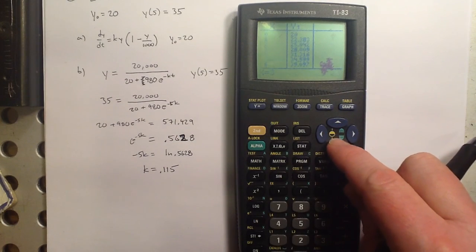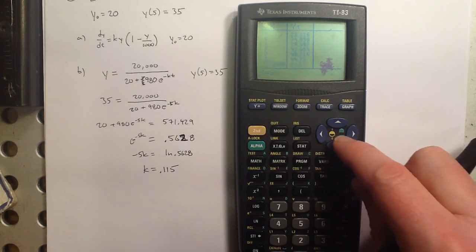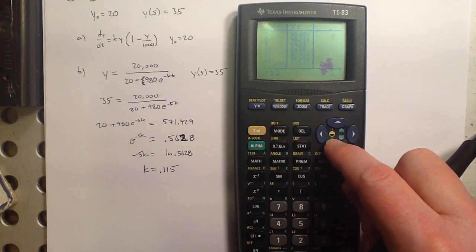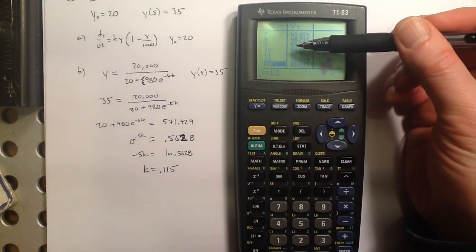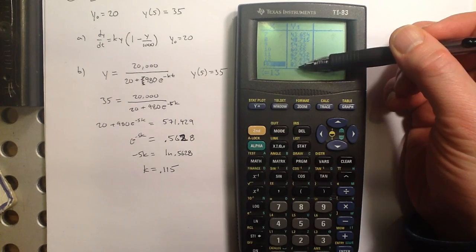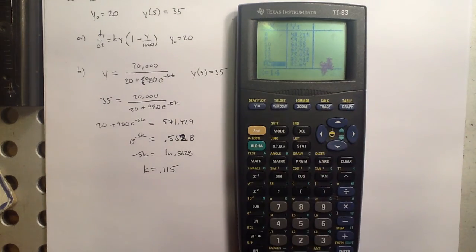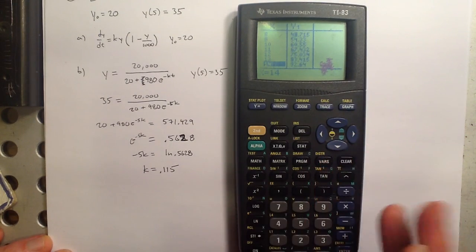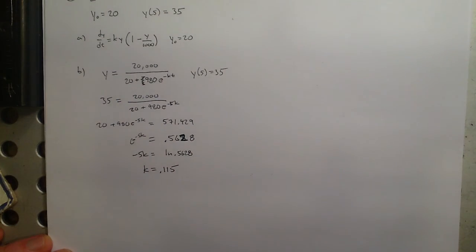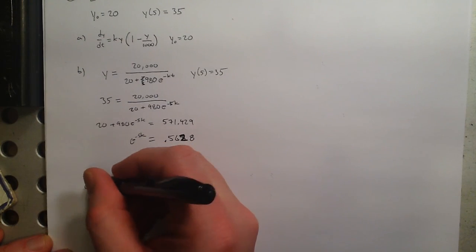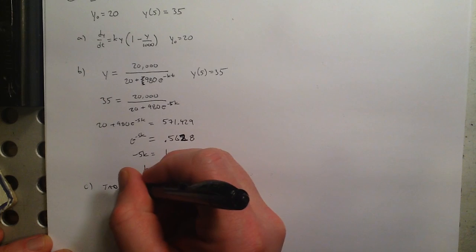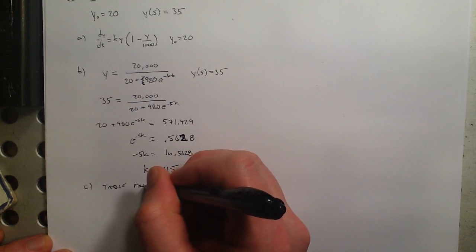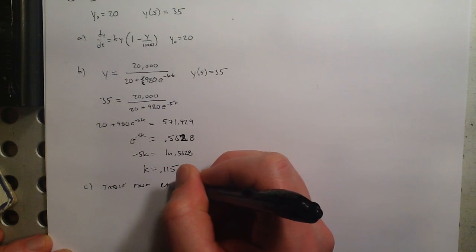And so on, and so on. And you can see that the rate is increasing slightly as we go from day to day. So there's the table. Did that with my calculator.